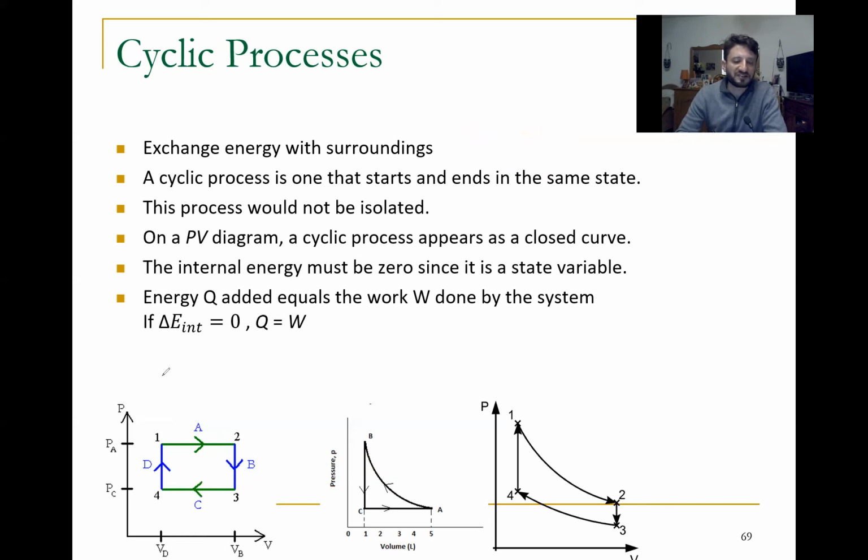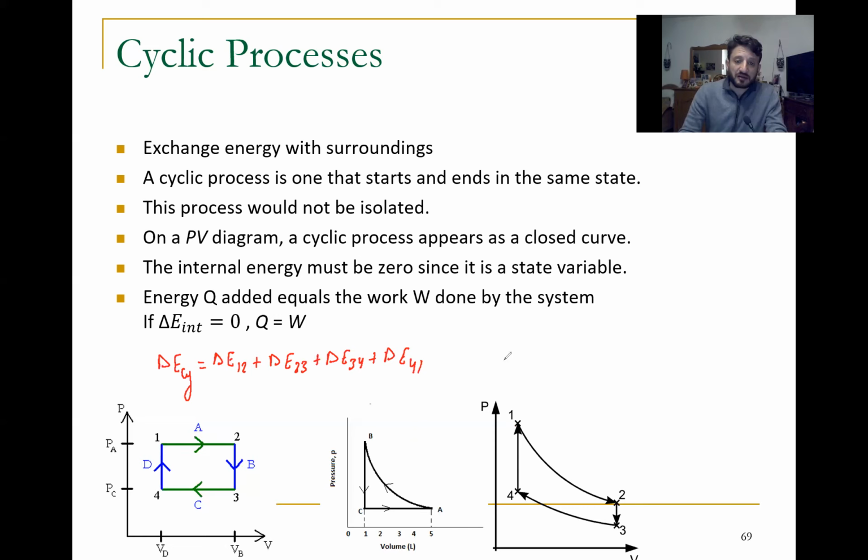We can say delta E of the total cycle equals delta E 1-2 plus delta E 2-3 plus delta E 3-4 plus delta E 4-1. You have to do the summation of all the exchanges of internal energy.